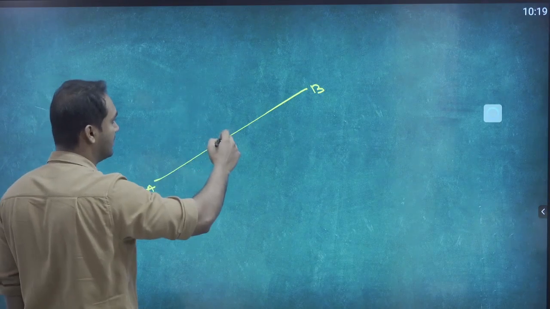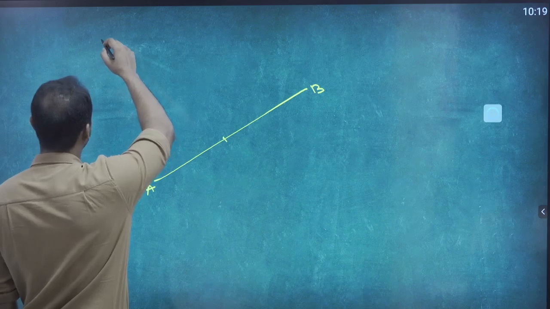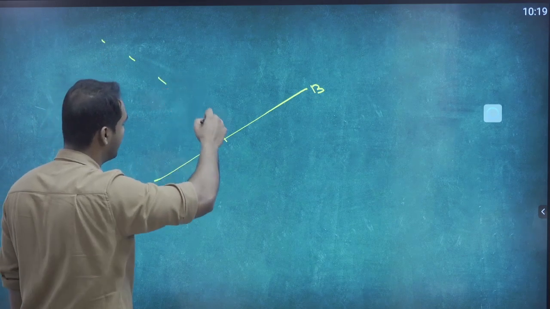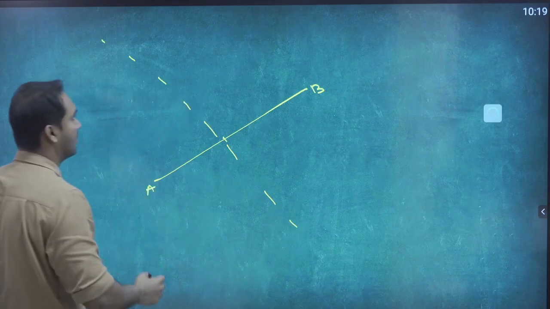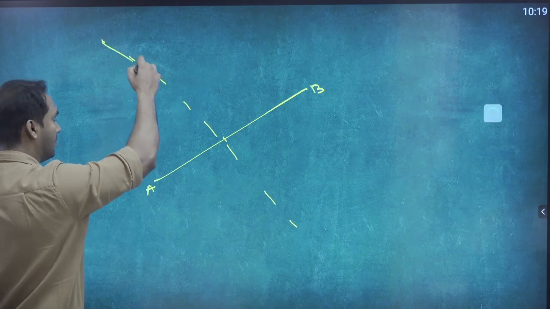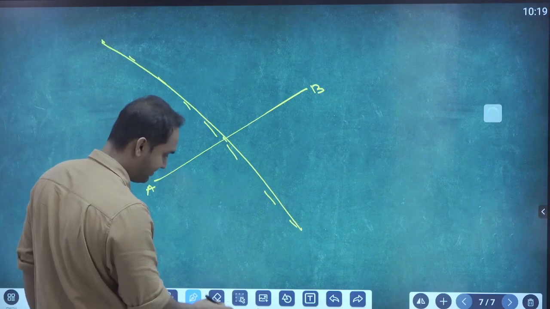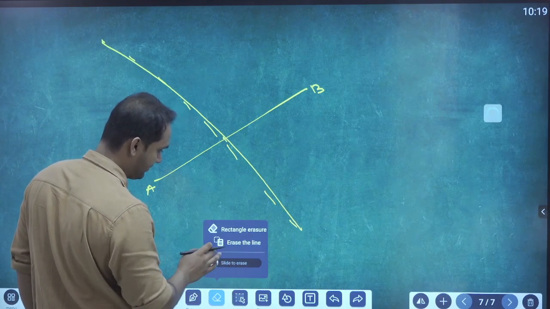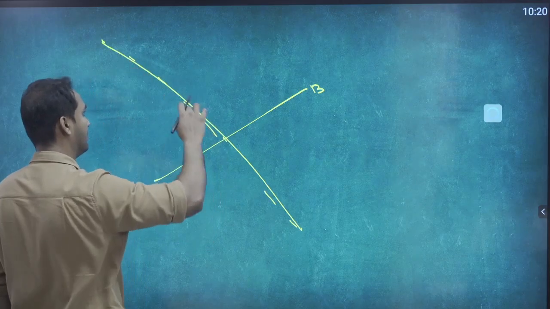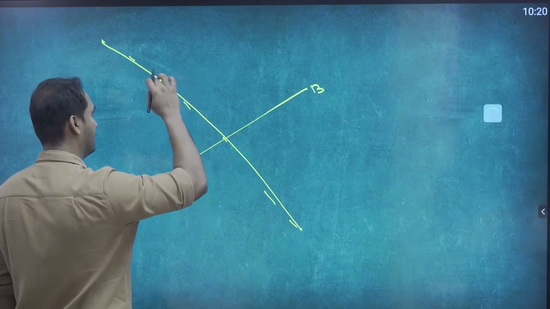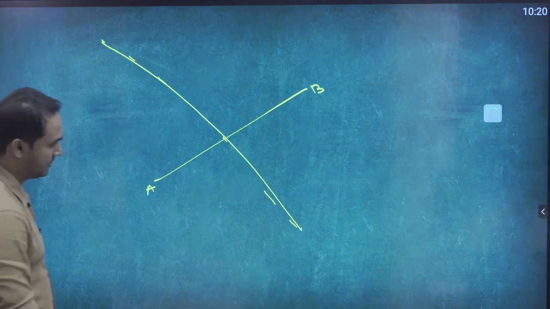And it's like, let's say this is the midpoint. It goes through the midpoint of the AB.